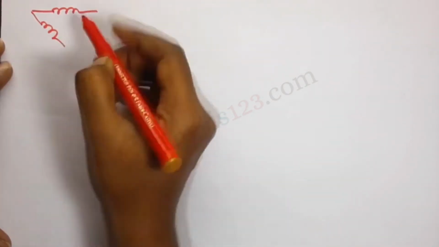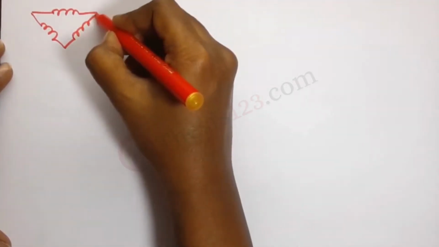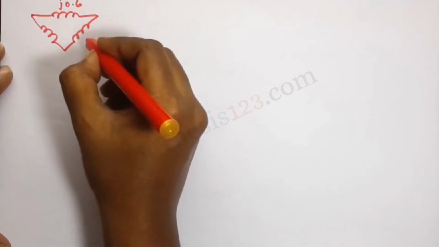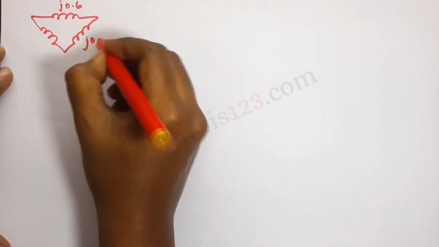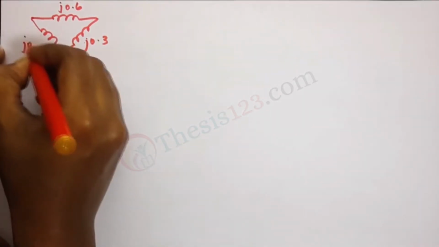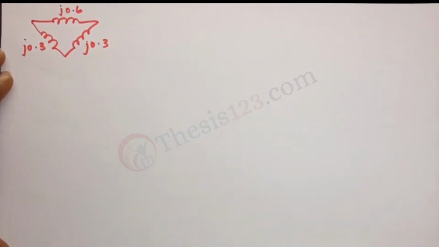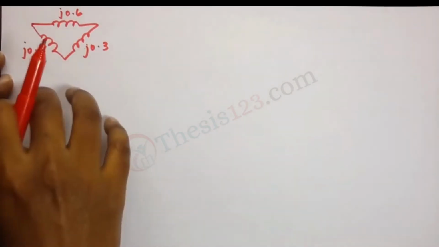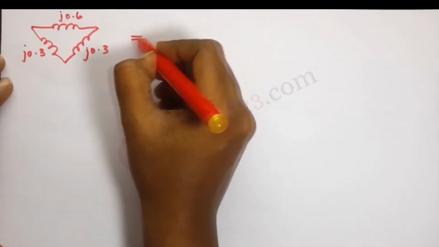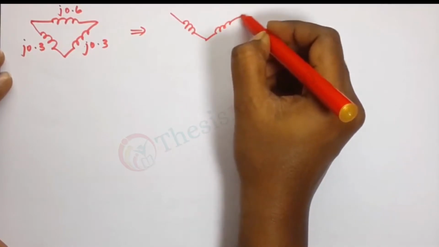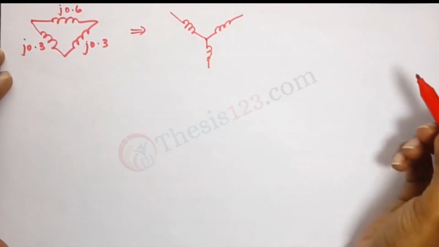So I'm going to note this down in the general delta shape. We have 0.6, we have 0.3, we have 0.3. So this is the general delta shape. I've just taken only the part that we need to convert, and we need to convert this into star form.